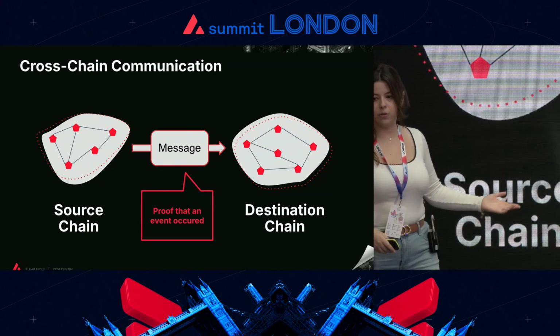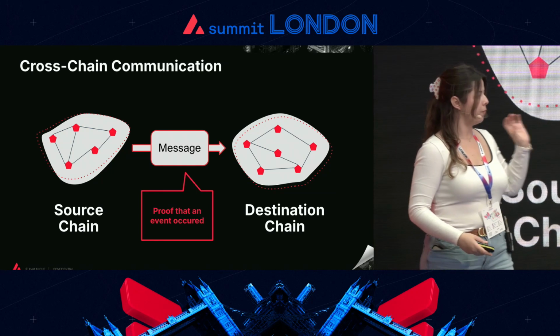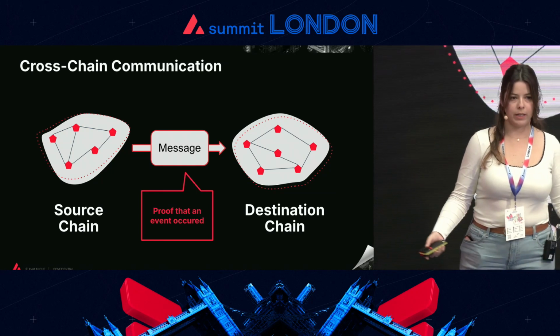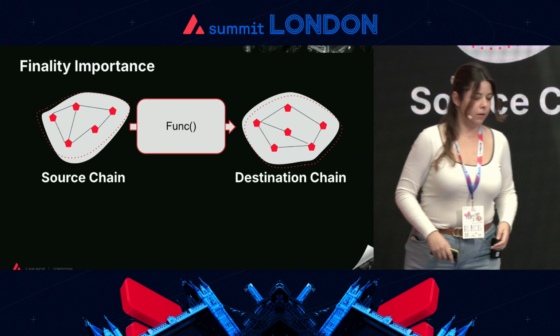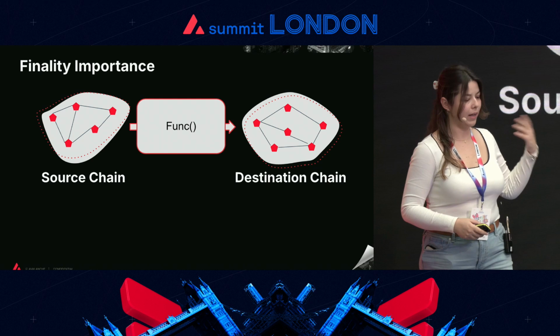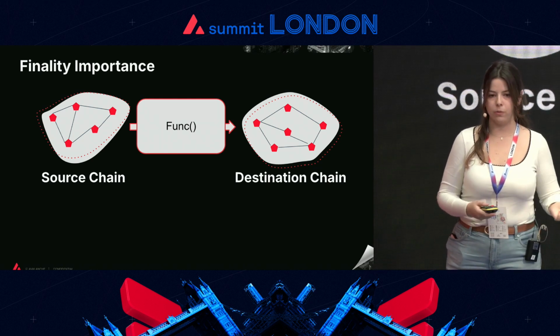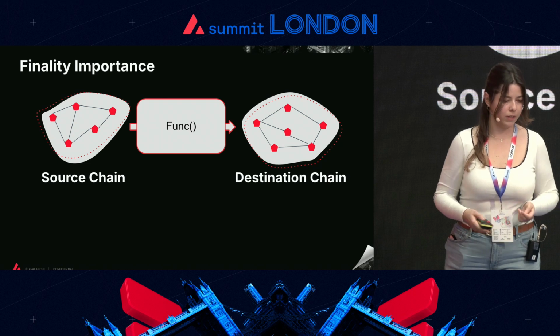So you need to see that the message is a proof of something that occurred in order for you to actually open the gates. Some parentheses here about why it is important to have super fast finality when we do cross-chain interoperability.